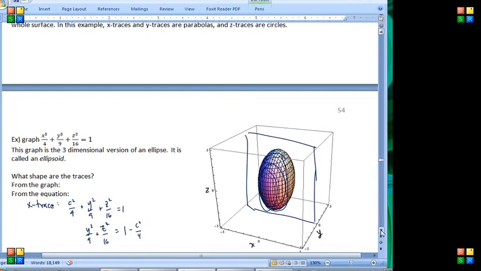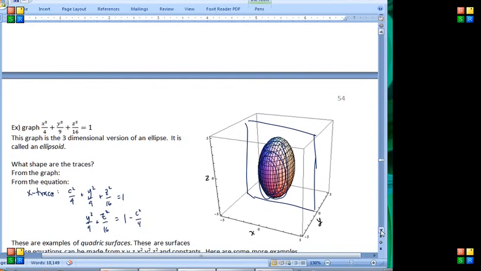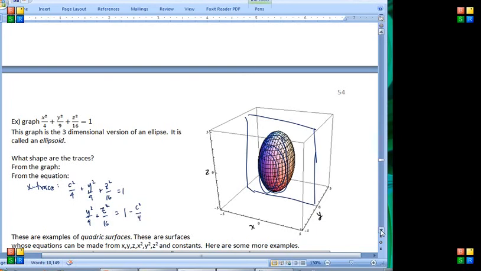So next, for your entertainment, I'm going to show you a whole family of surfaces. The ones that I've shown you so far are examples of quadric surfaces. These are surfaces whose equations can be made from x, y, z, x squared, y squared, z squared, and then constants.